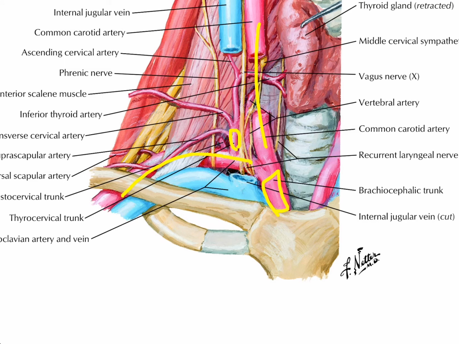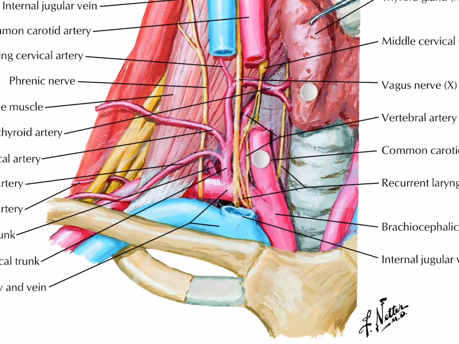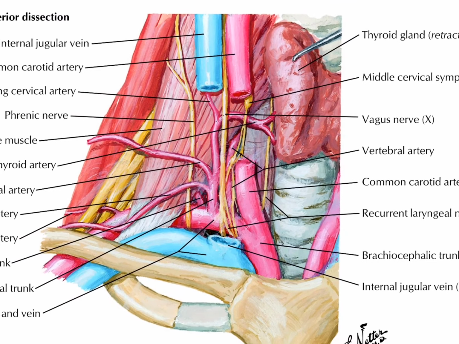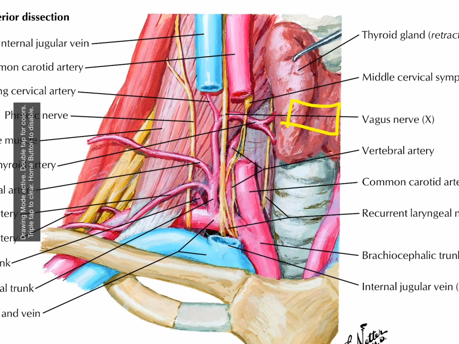From there, we've got the suprascapular artery. We have the transverse cervical artery, and again, we have the inferior thyroid artery. From the inferior thyroid artery, of course, we've got the ascending cervical artery, and we also do have the inferior laryngeal artery. But we are more interested in the inferior thyroid artery right here. So, by the way, the cricoid cartilage is gonna be here, kind of.